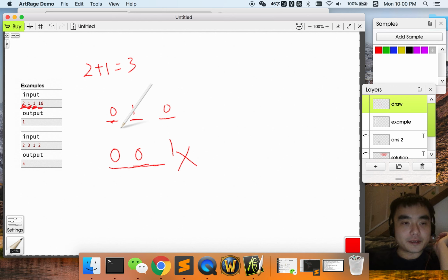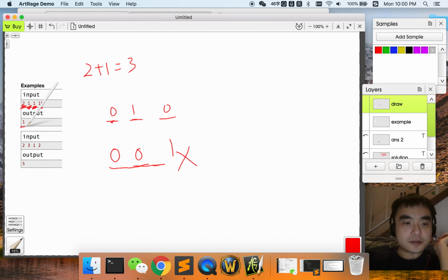Actually, we only have one 1 in this array, so it can never exceed the limit. So we don't have a constraint on the placement of ones here.